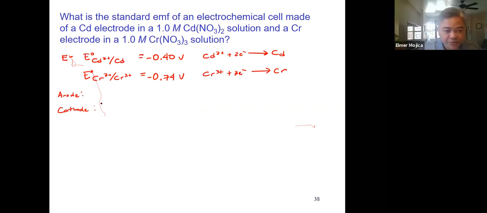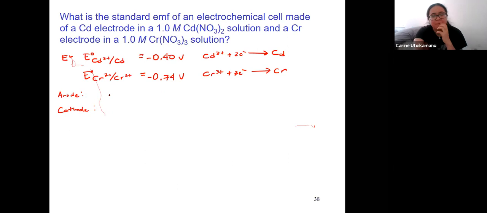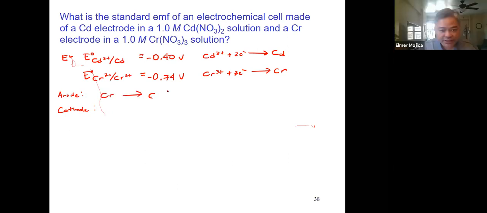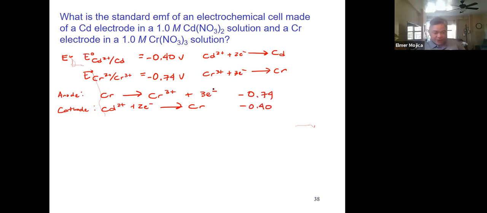So what happens is you will have Cr producing Cr3 plus and 3 electrons. And the cathode will remain as this. So you have Cd2 plus plus 2 electrons producing cadmium. And then you can put there that this is negative 0.74, and this is negative 0.40.